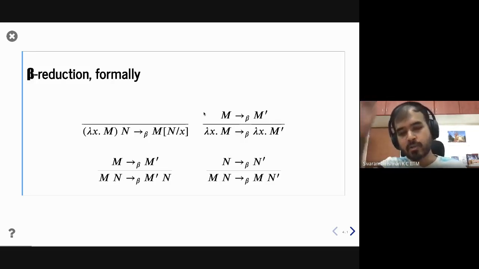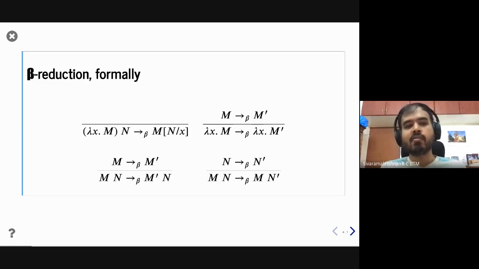If you put your OCaml hat on, this rule looks weird. What is the OCaml equivalent of this term? If you have, say, lambda x dot 10 plus 10, it says that you can go ahead and reduce the body of the lambda expression to 20.